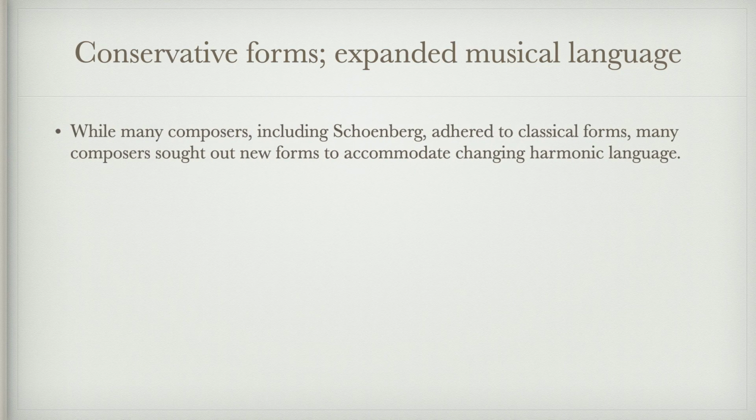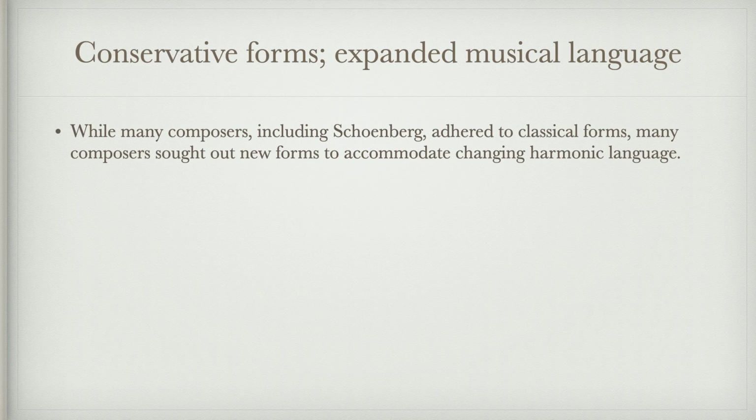So we're going to talk about how composers used conservative, traditional, classical period, and romantic period forms while expanding the musical language. There are a lot of composers, including Schoenberg, who adhered to classical forms, and many composers sought out new forms to accommodate a changing harmonic language. But the thing about classical forms is a lot of them lended themselves well to the 20th and the 21st century.